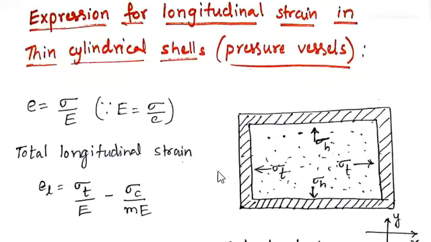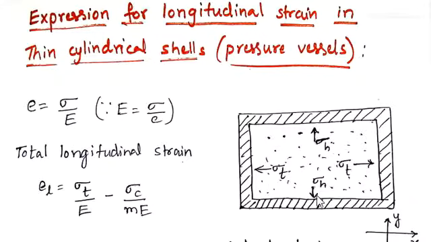So we know that when this stress is acting along the lengthwise direction, that is, longitudinal stress is acting along the lengthwise direction, this increases the length of the shell. At the same time, when this circumferential stress is acting, it not only increases the diameter of the shell, it will also decrease the length of the shell.